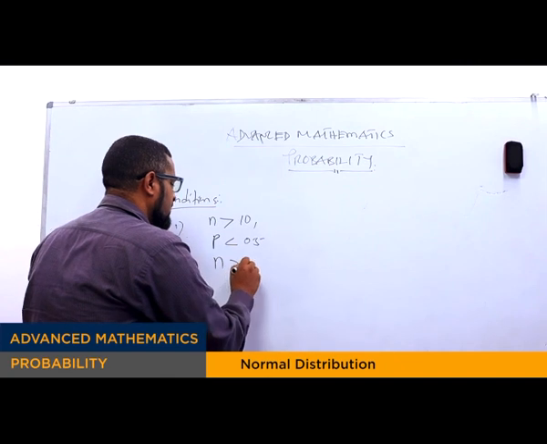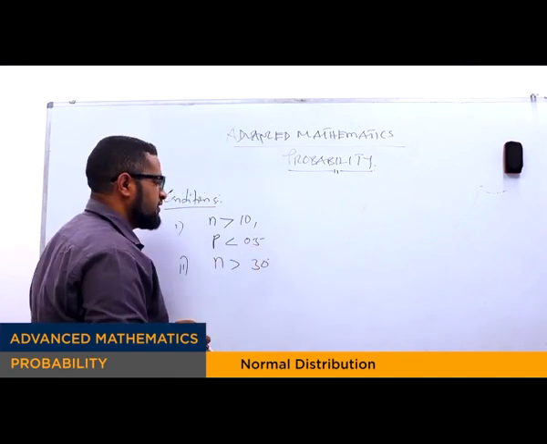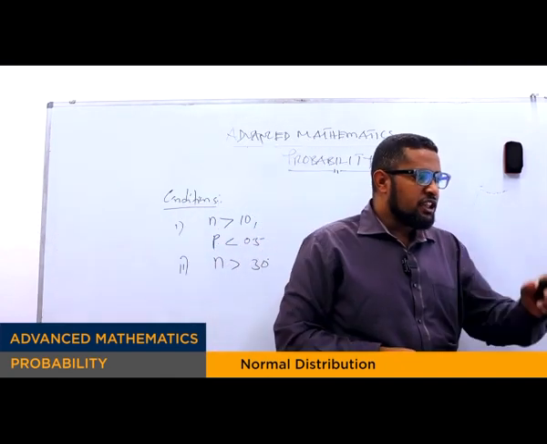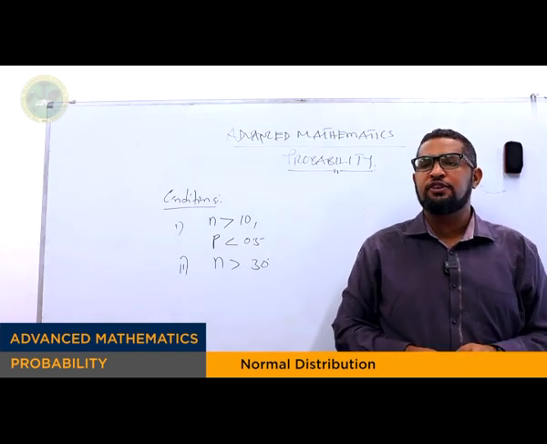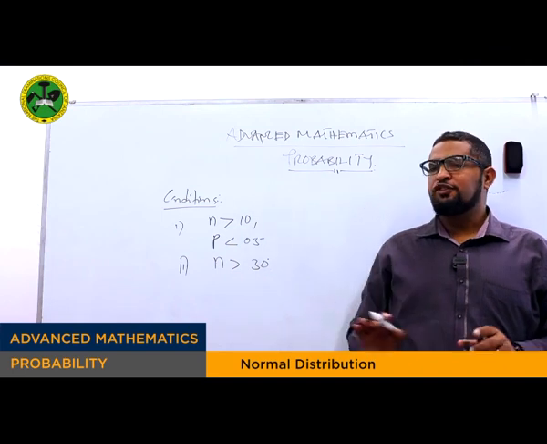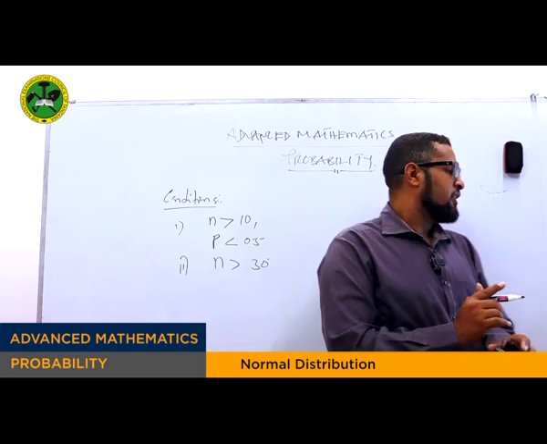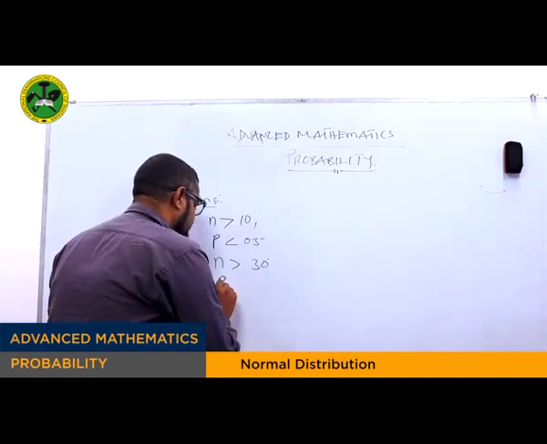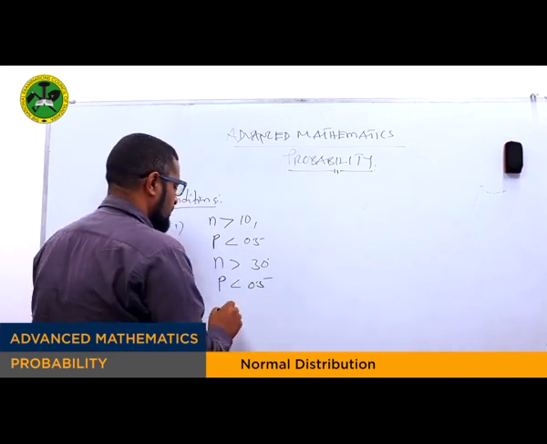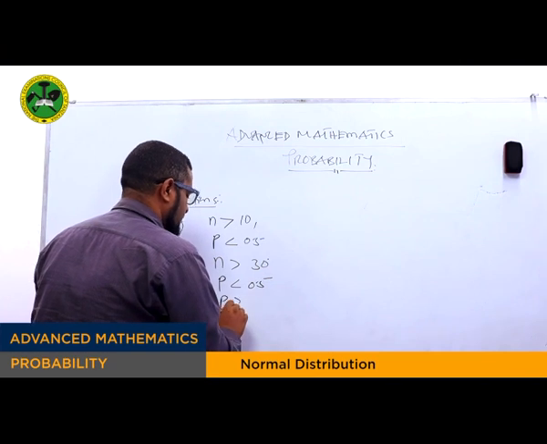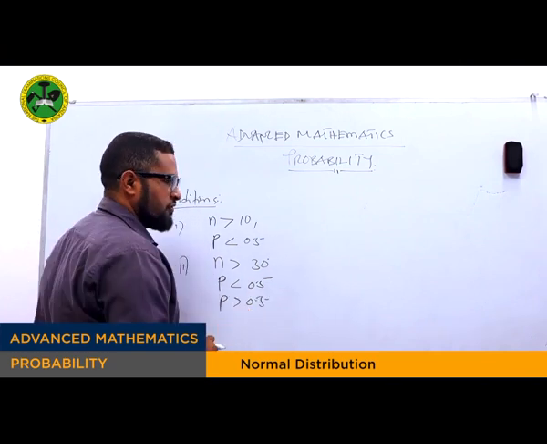If n is greater than 30 and the probability of success is less or greater than 0.5. So here there is no restriction on the probability. The probability of success is either less than 0.5 or greater than 0.5.